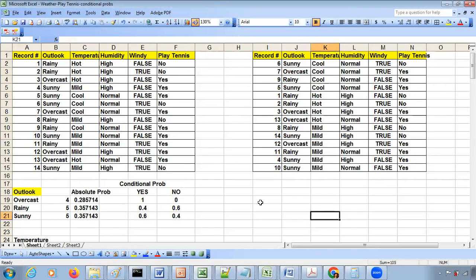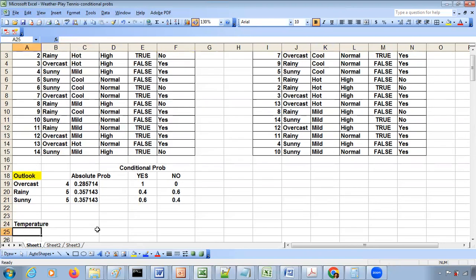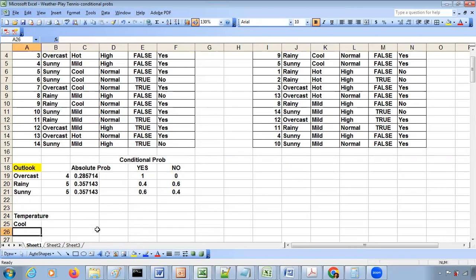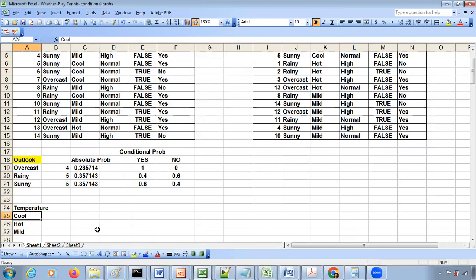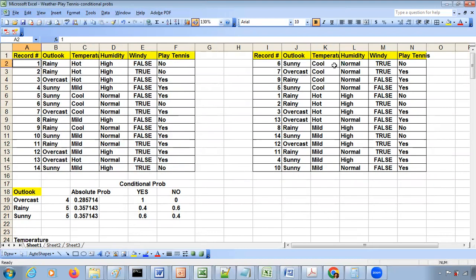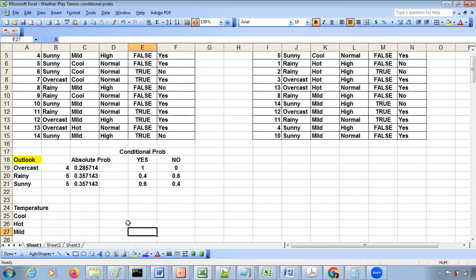So cool, hot, and mild are the feature values. And then you have 4 cool, 4 hot, and 6 mild. Now we are ready to calculate the absolute and conditional probabilities.